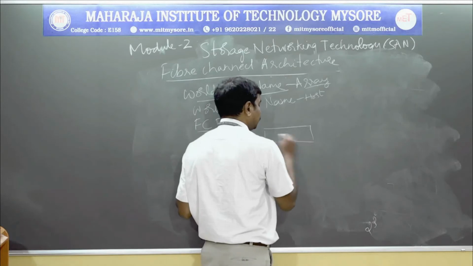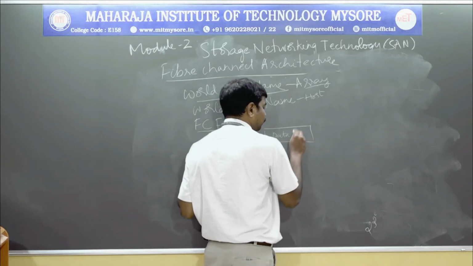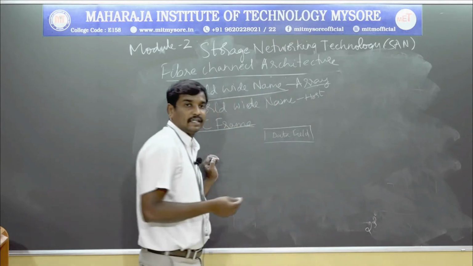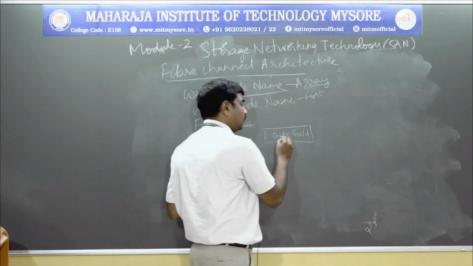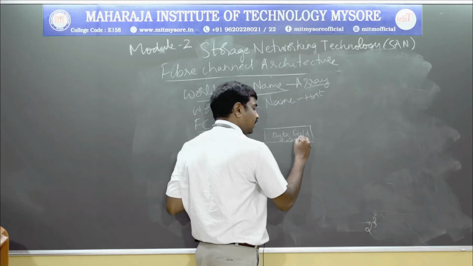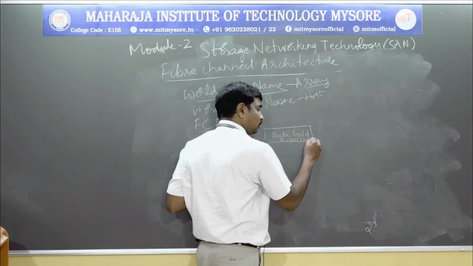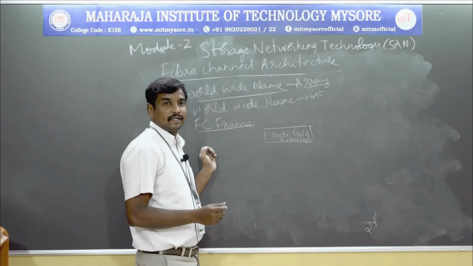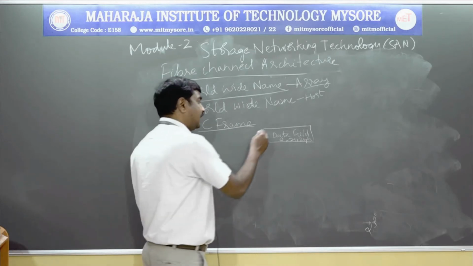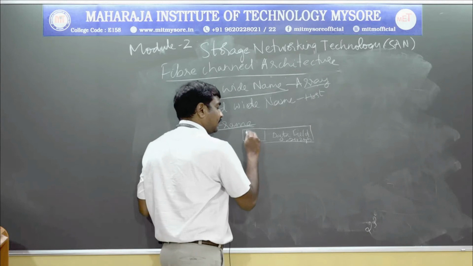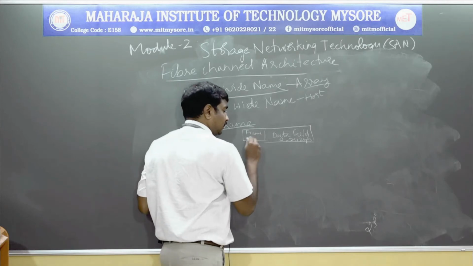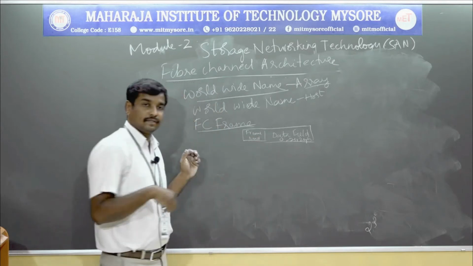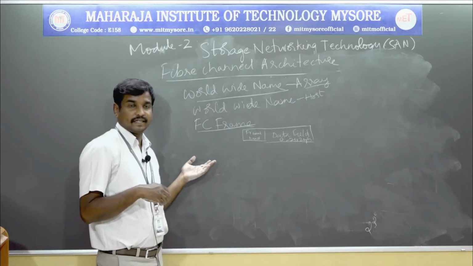This is the data we need to transfer from one location to another location. The data field may be around 0 to 2112 bytes. Each data field is added with the frame header, as shown in the frame stack diagram.